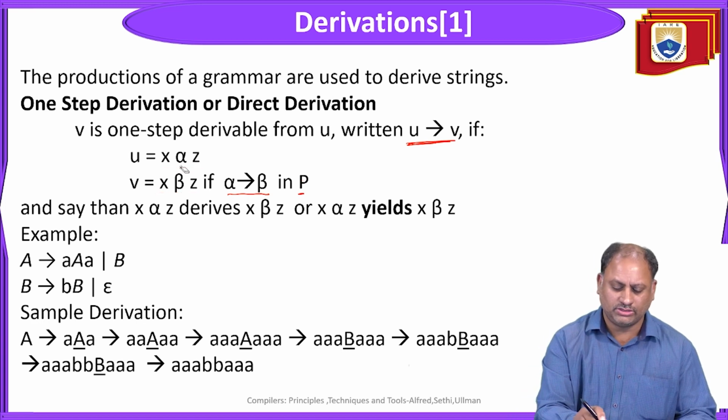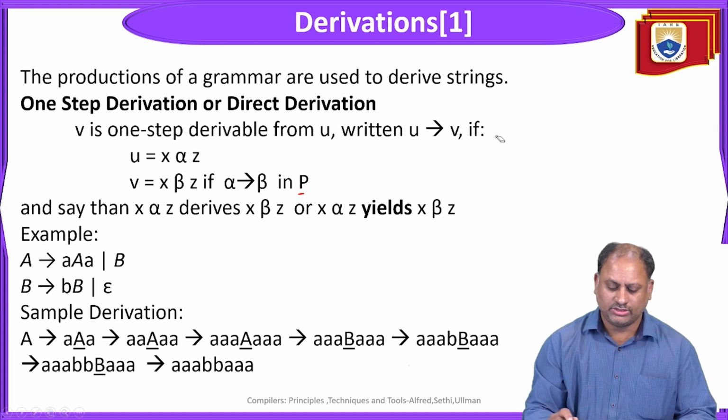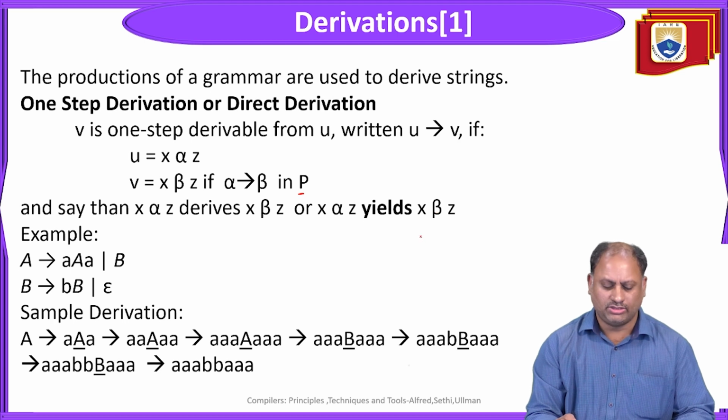Let us see this definition through an example. So here x alpha z derives x beta z, or x alpha z yields x beta z.